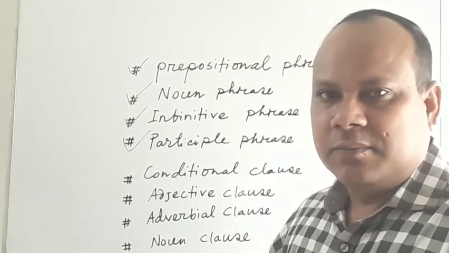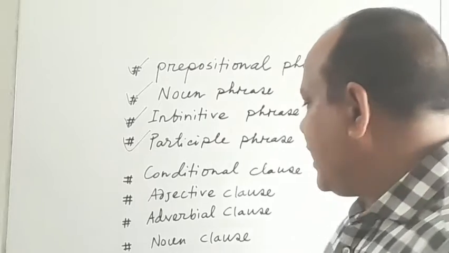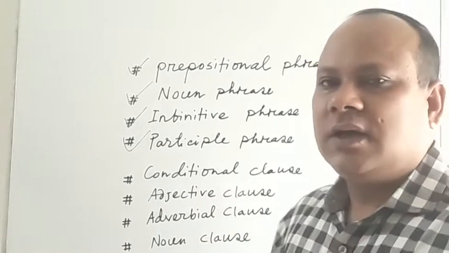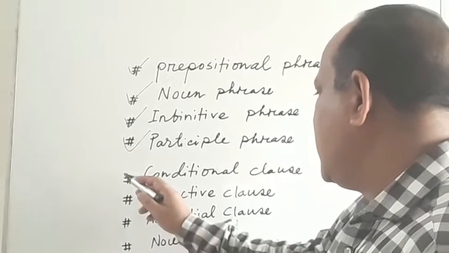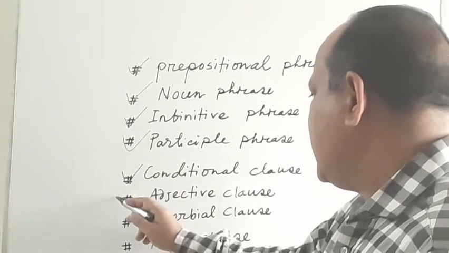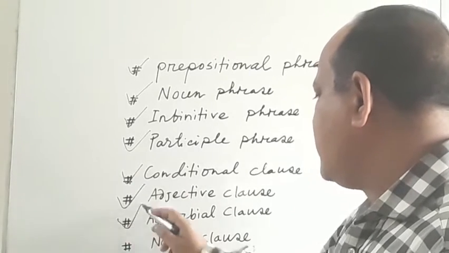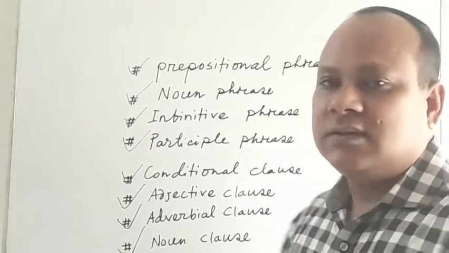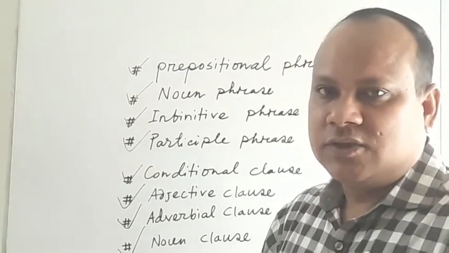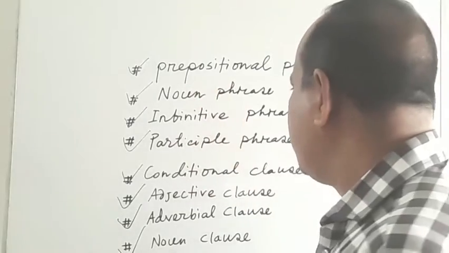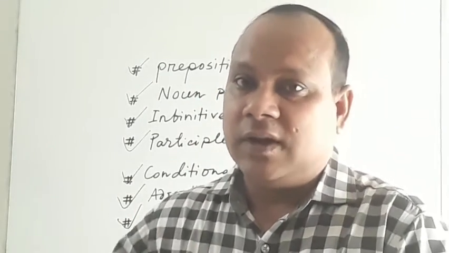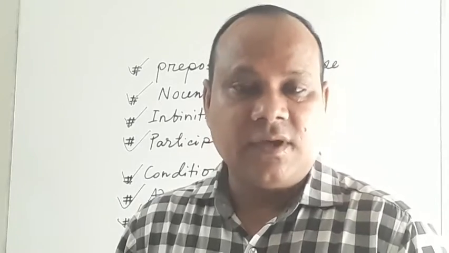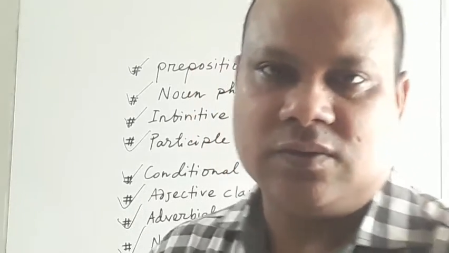These are basically preferable. In the case of clauses, you have the liberty to use conditional clause, adjective clause, adverbial clause, and noun clause, my dear students. So if you know these types of phrases and clauses, you will be able to fill up the incomplete gap given in the question.